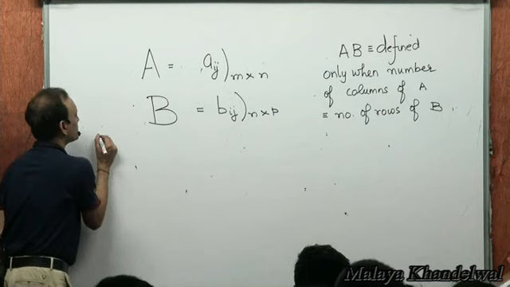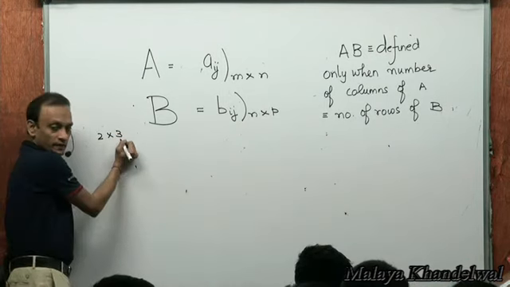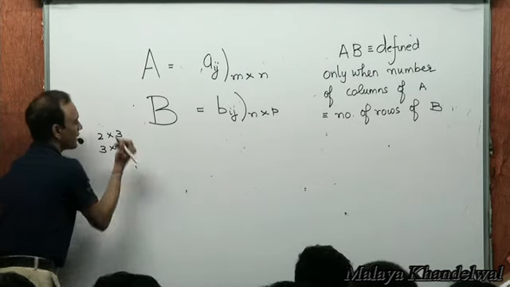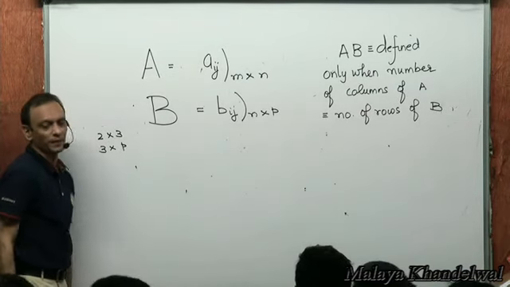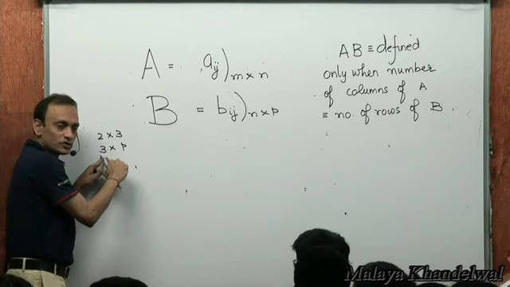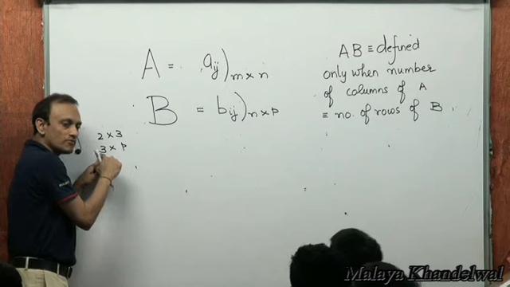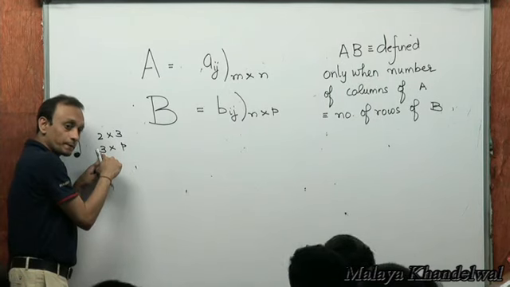So if I have a matrix which is 2 by 3, it could only be multiplied with, let's say, a matrix which is 3 by something, say 3 by p. It can't be multiplied with a matrix other than a matrix of this form. The number of columns of this matrix must be equal to the number of rows of this matrix.